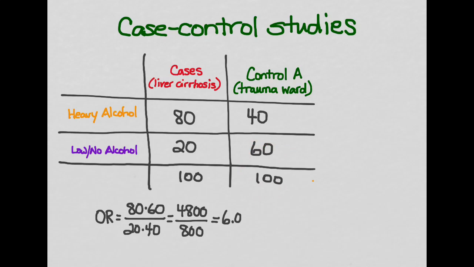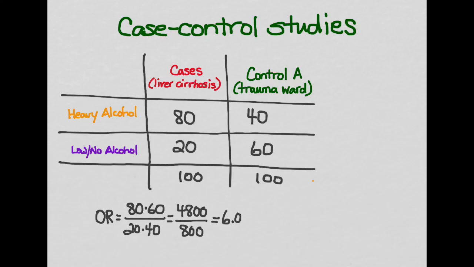What's important to know is whether the control group is representative of the population from which the liver cirrhosis cases came. We might notice that there's a very high proportion of cases who have been exposed to heavy alcohol use, and similarly in the controls there's a lower exposure, but it's still pretty high. 40% have been exposed to heavy alcohol use.